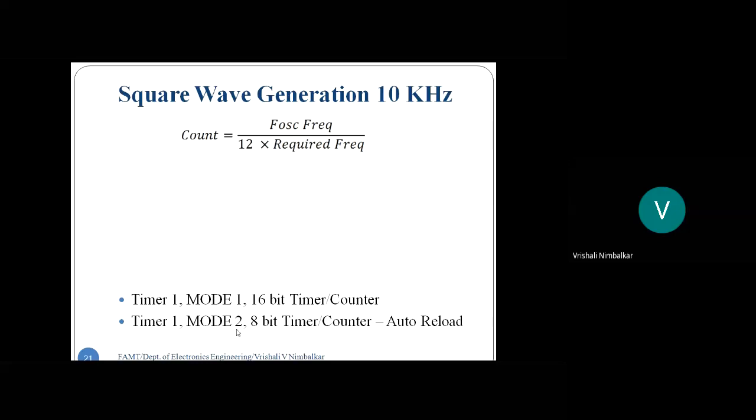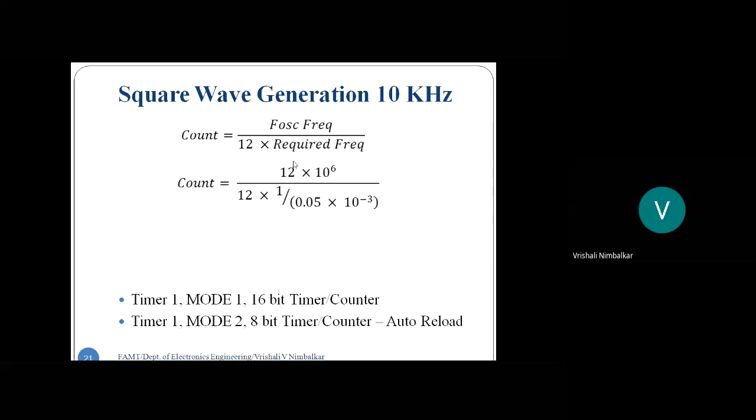Oscillator is 12 megahertz. What is the required frequency? 1 upon 0.05 millisecond. So just substituting those values, oscillator is 12 into 10 raised to 6, 12 megahertz, divided by 12 into 1 upon 0.05 millisecond.